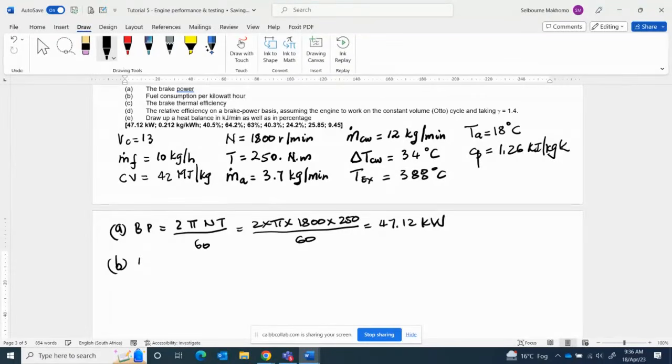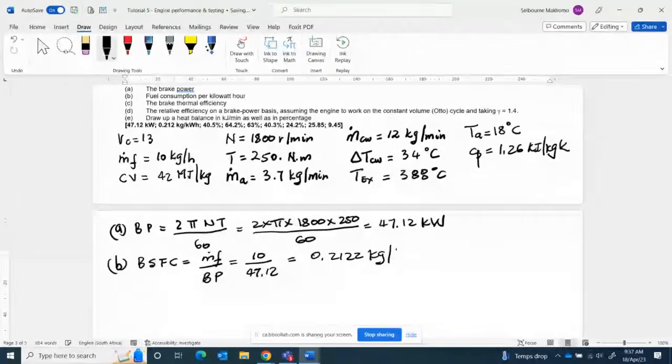BSFC is given by the mass of fuel divided by BP, which is 10 divided by 47.12, and the answer is 0.2122 kg per kilowatt hour.